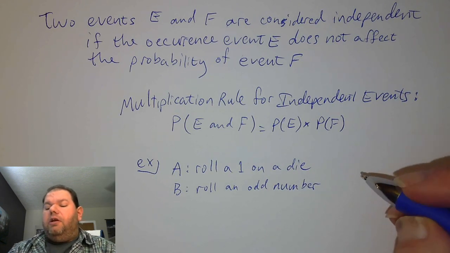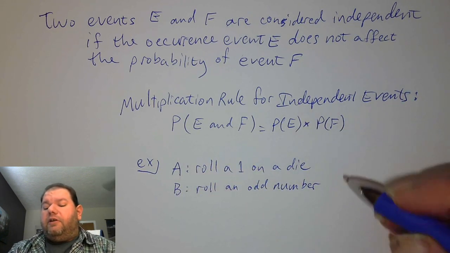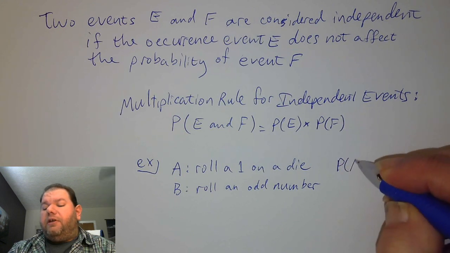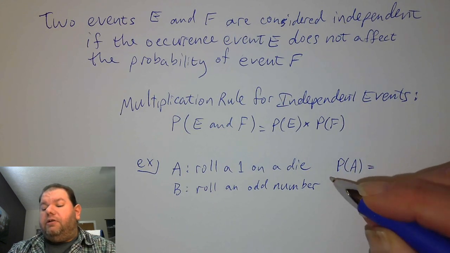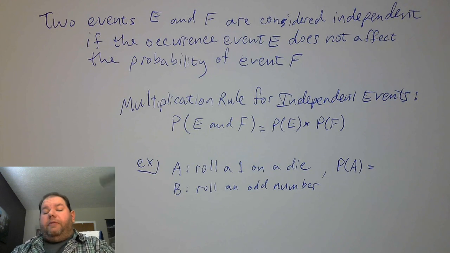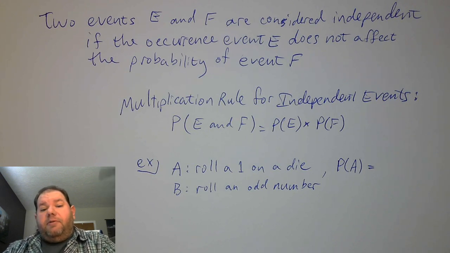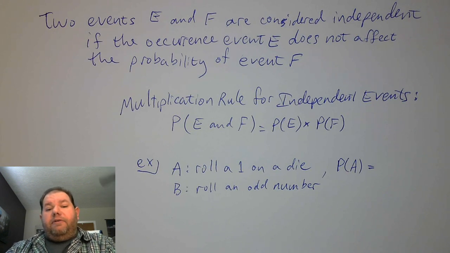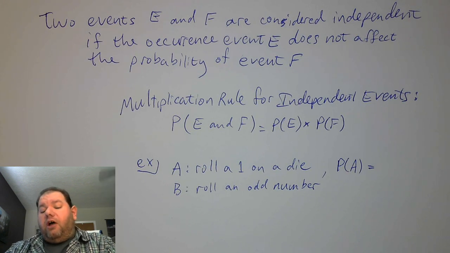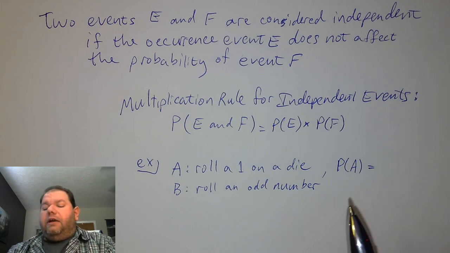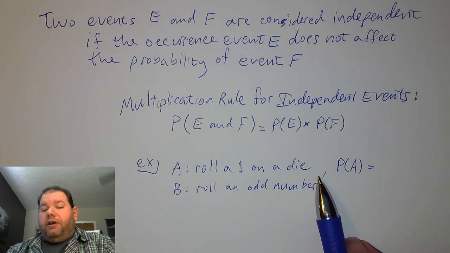Okay, so let's think of the probability of each of these. What's the probability that we would roll a 1? Well, as we generally calculate probability, it's the number of ways in which we would be successful out of the number of possible outcomes that we have. So if we roll a die, how many possible outcomes are we looking at?